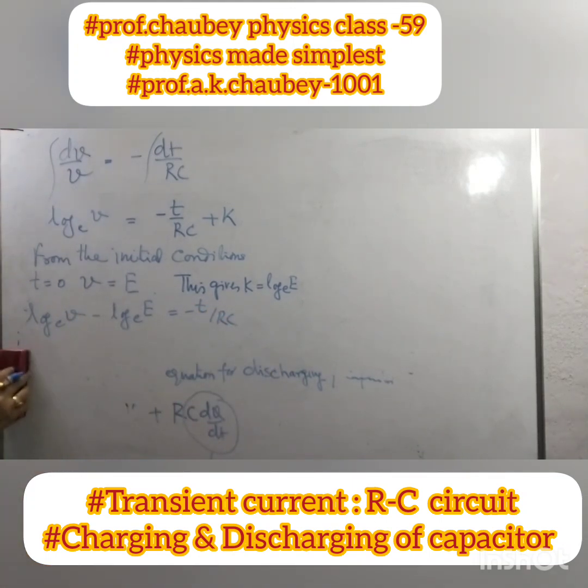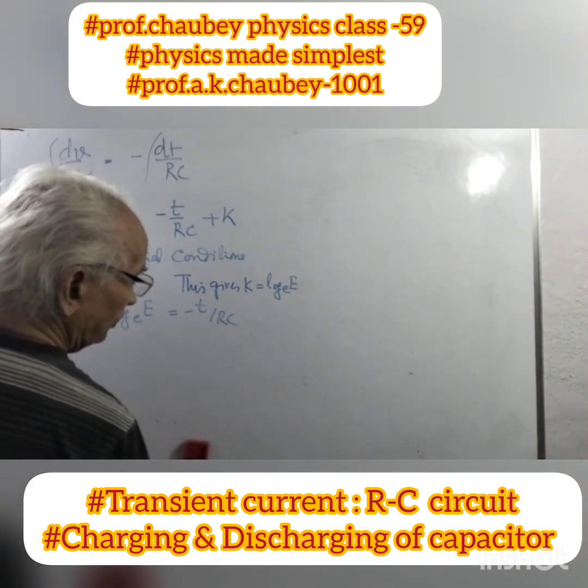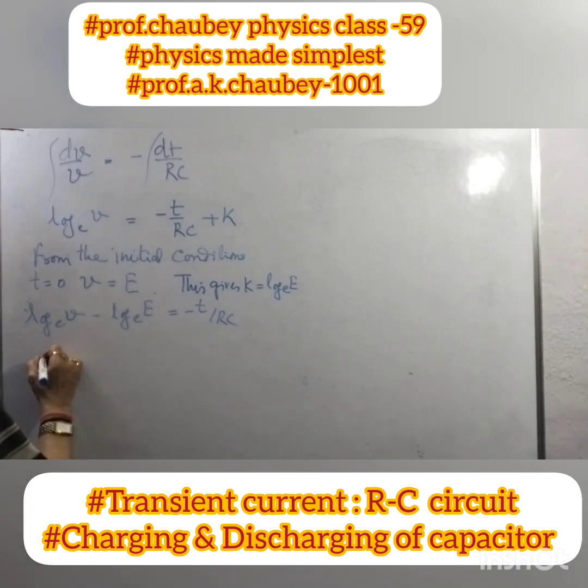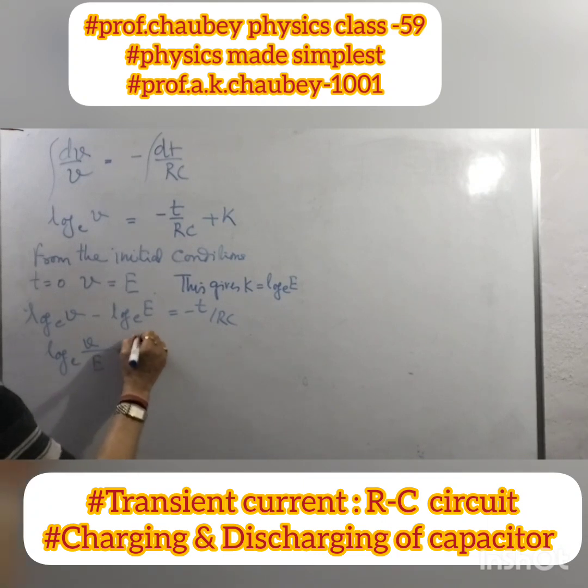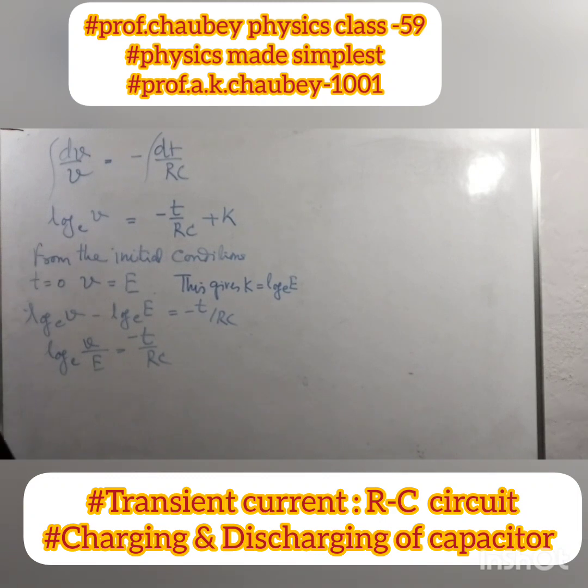So log of V upon E is equal to minus t over RC, or V over E, or simply V is equal to E exponential minus t over RC.